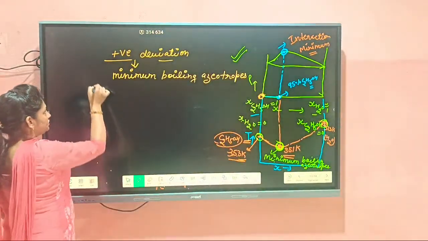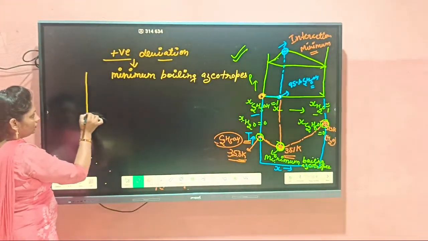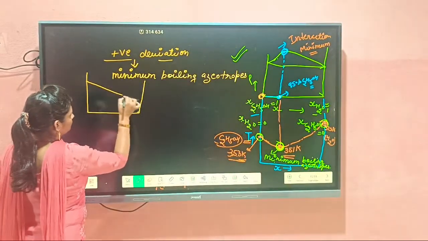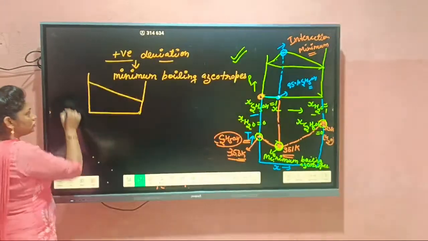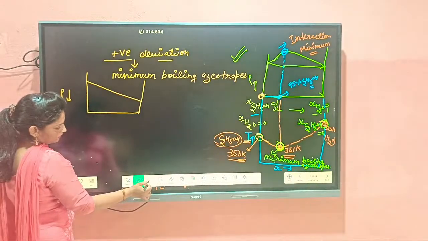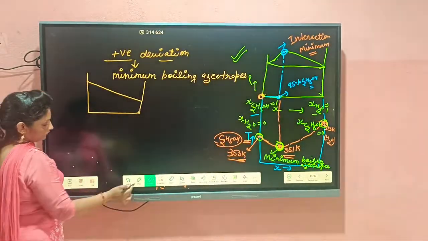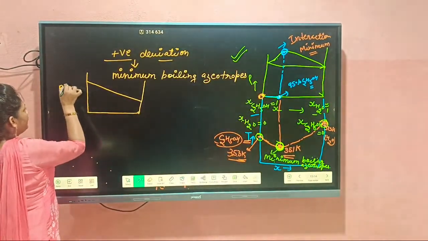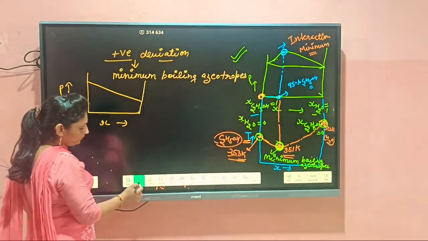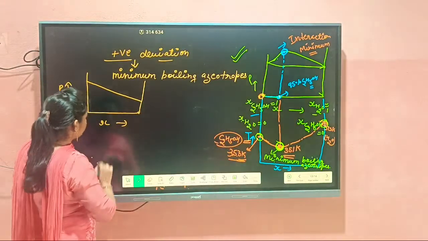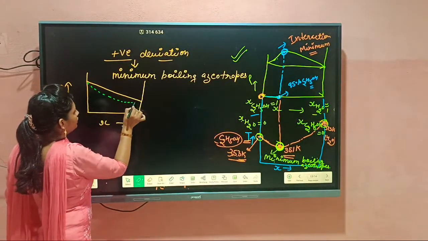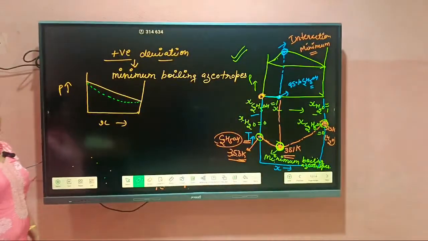So students, you can see this is the graph for Raoult's law, pressure versus mole fraction. Okay. But for the negatively deviated solution, the graph will be like this.